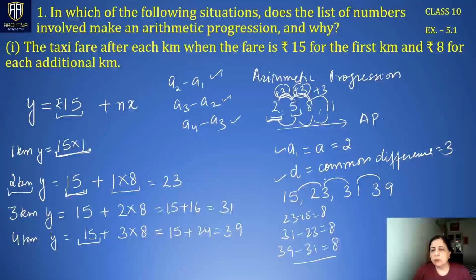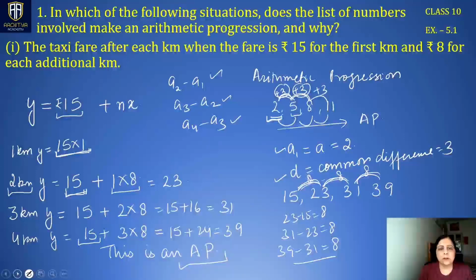Then we took the difference between all the consecutive terms like A2 minus A1, A3 minus A2 and A4 minus A3. And since that difference is the same, that means this is an AP. This satisfies the criteria for being an AP. This is an arithmetic progression, right?